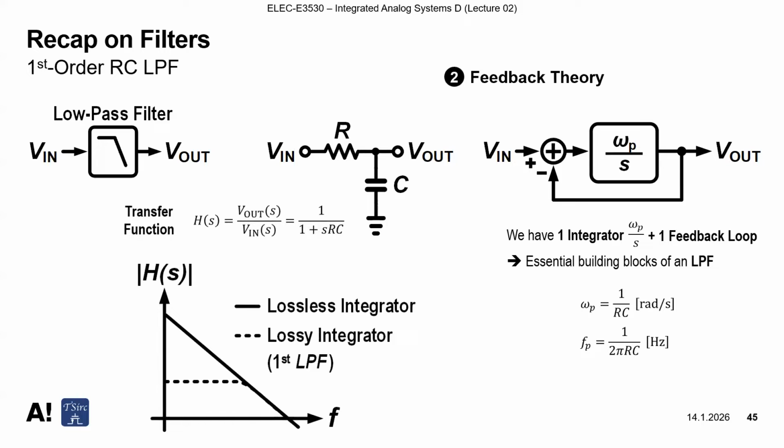So we call this kind of low-pass filter a lossy integrator, compared to the ideal integrator, which is a lossless integrator. So the transfer function looks like this, 1 over s. This is predictable because we have the transfer function of the integrator here, omega p over s.